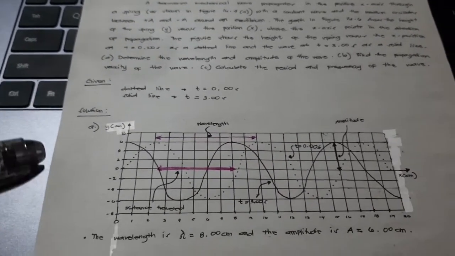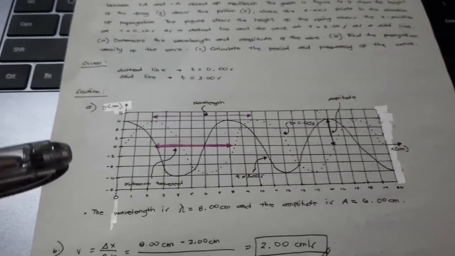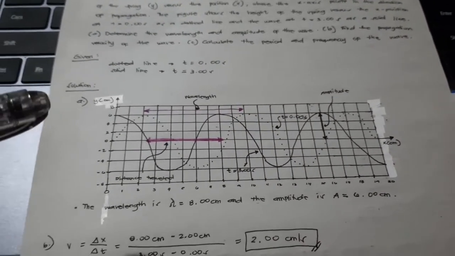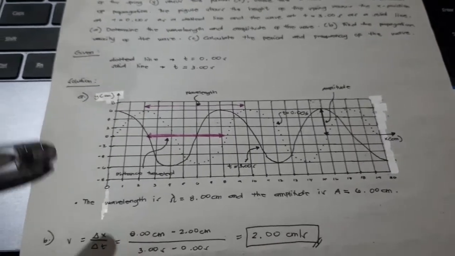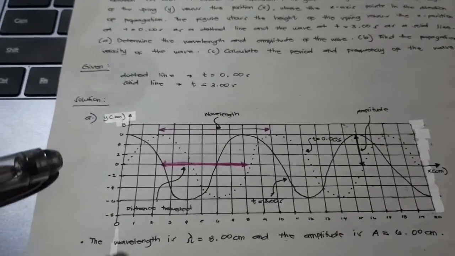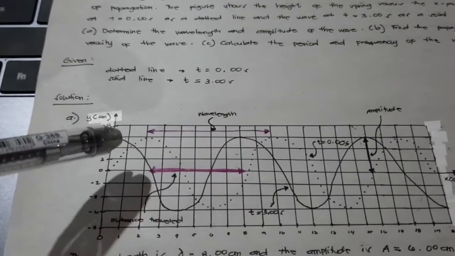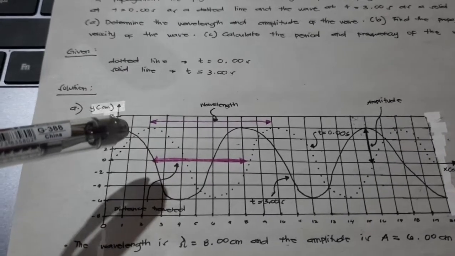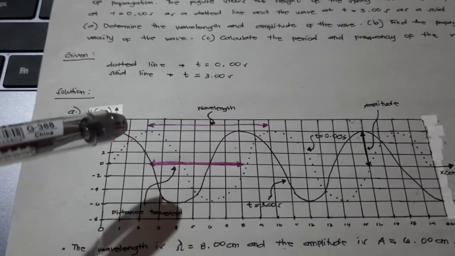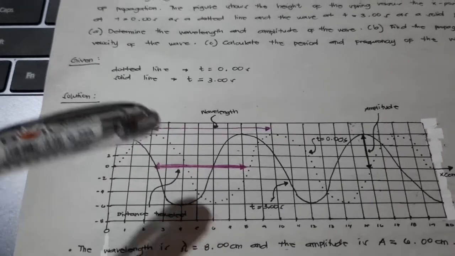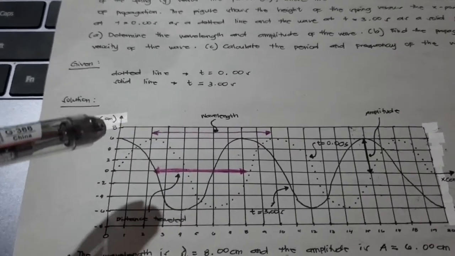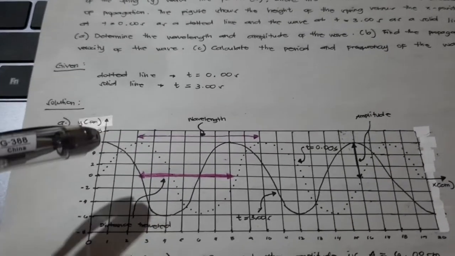Determine the wavelength and amplitude of the wave. As you can see in this figure, this is the wavelength. The wavelength, from the word length, is the distance of the wave, so that's what we call wavelength.